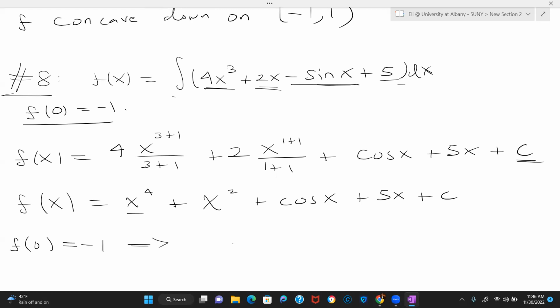So when I plug in 0 for each x, it's going to equal -1. So I have 0 to the fourth plus 0 squared plus cosine of 0 plus 5 times 0 plus c, that equals negative 1.